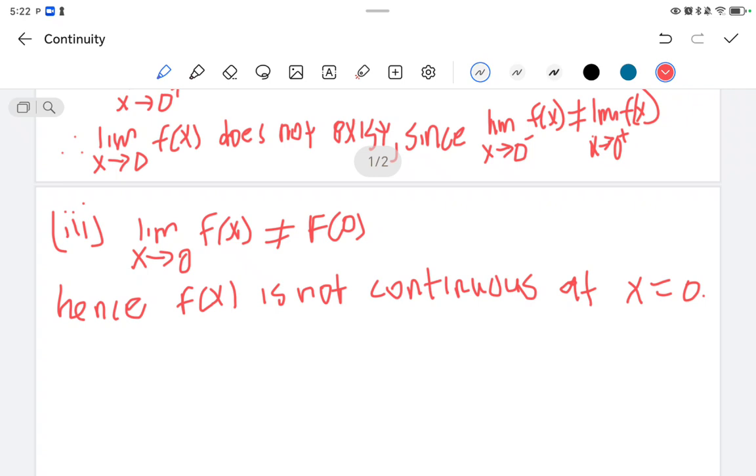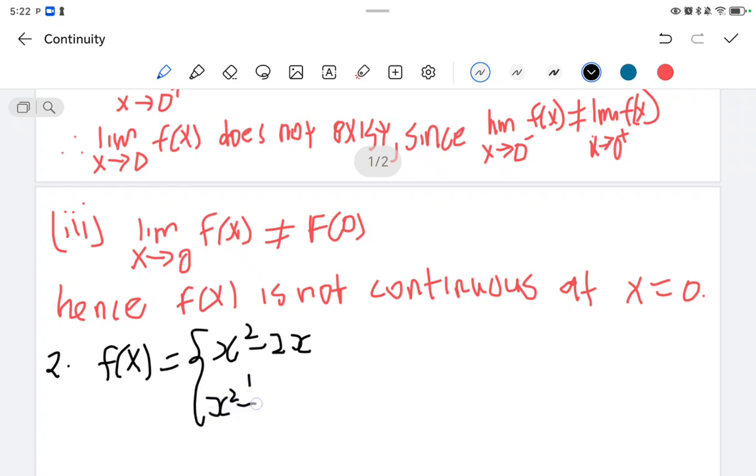The second question, they say f of x is equal to x squared minus 2x, 1, x squared minus 6x plus 4, for x less than 2, x equal to 2, and x greater than 2 respectively.